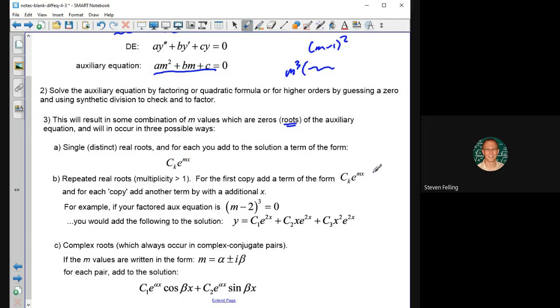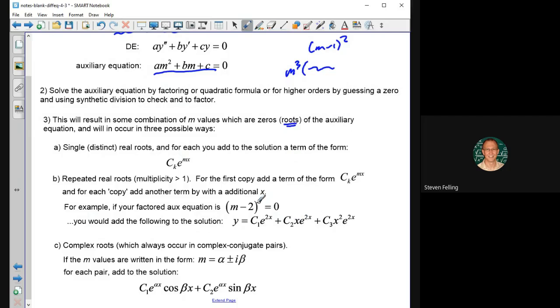But then for each additional one, you put a constant, but you add an additional x in here. So for example, if your factored auxiliary equation ended up including an m minus 2 cubed, that's a multiplicity of 3, where m is 2, then you're going to put a term in your solution that's a constant times e to the 2x, but the second one will be a constant times x times e to the 2x.